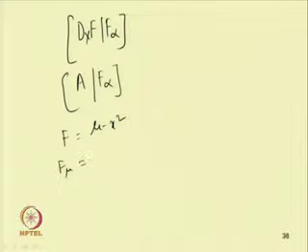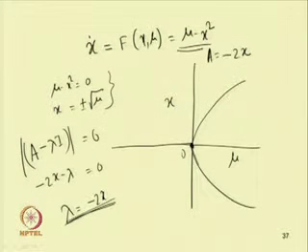If you differentiate with respect to mu, we have f_mu equal to 1. Our A, which we have already found, is minus 2x, so at x equal to 0, A becomes 0.